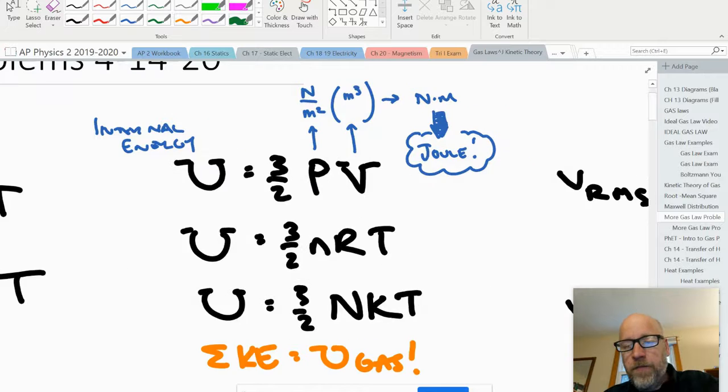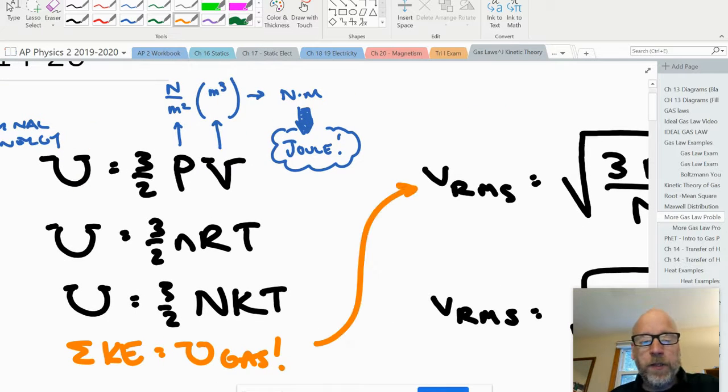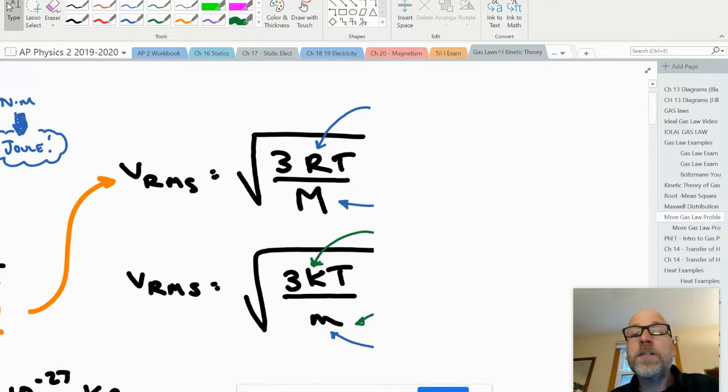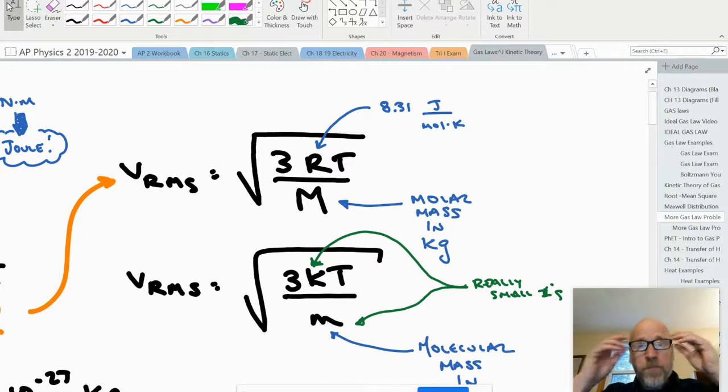Now, we do a derivation, and we end up with two formulas for velocity. We're talking about the root mean square. The reason is because there are all different velocities in a gas. The root mean square is sort of a mathematical artifact that comes in when you take the square root of an average. There are two different forms we could use.